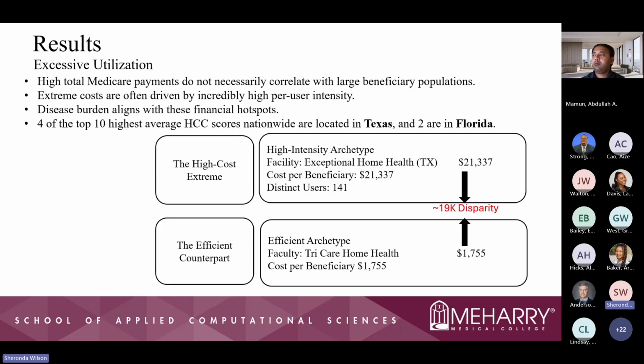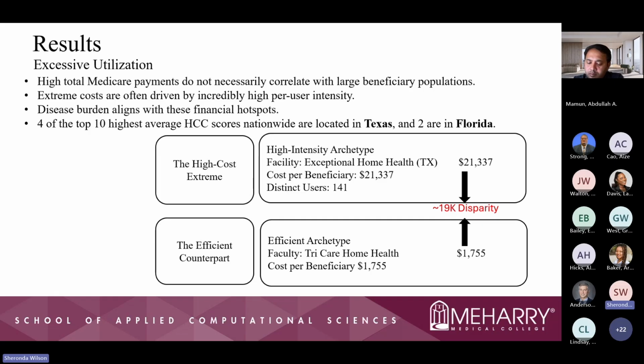To make the findings more tangible, I wanted to look at extreme examples, the difference between the highest and the lowest. And if you notice here, I found that there was a really high amount in the state of Texas where they were charging per beneficiary $21,337 as compared to the lowest, which was $1,755.